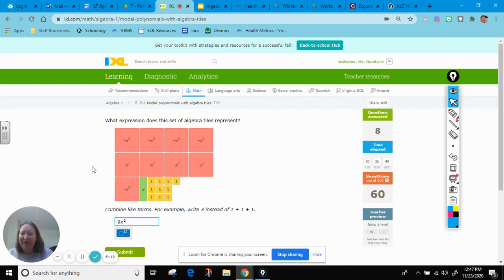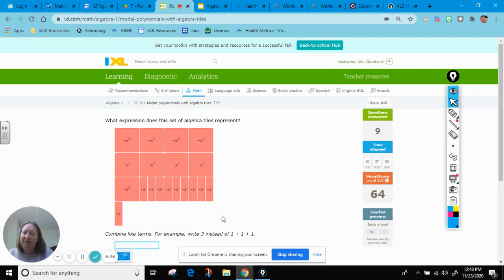If you're not careful, you're going to end up doing a lot more work. Just watch out for your signs and having those pluses or minuses in between. So plus just one x bar, and it's positive, so I say plus x. And then 1, 2, 3, 4, 5, 6, 7, 8, 9, 10. Again, those are positive, so plus 10.